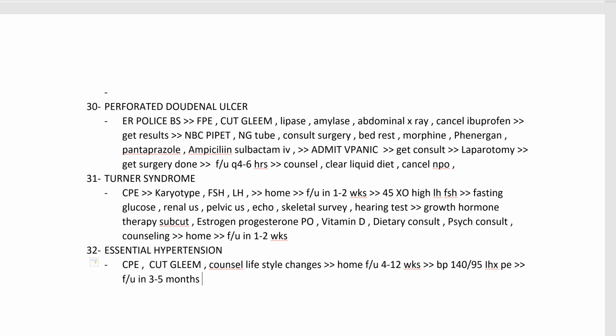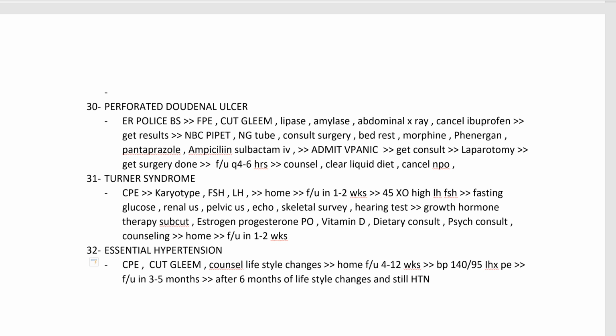After you follow up with him at 3 to 5 months, at this point, how much is that? Like 6 months, about 7. So 6 months of lifestyle changes and he is still hypertensive.